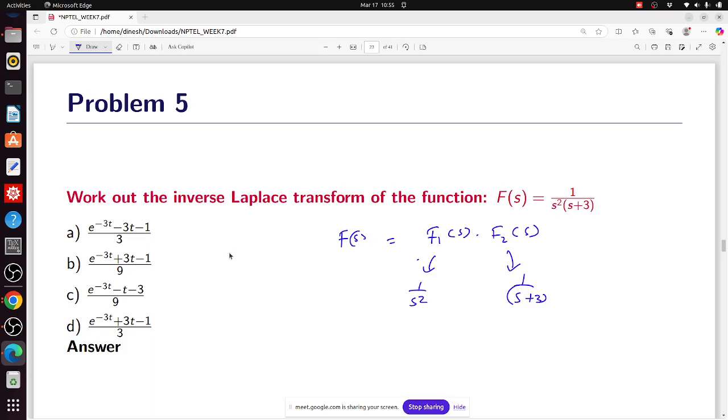So the inverse Laplace transforms of these functions are: f1 of t, the inverse Laplace transform of f1 of s, is t, and f2 of t, the inverse Laplace transform of f2 of s, is e to the power minus 3t.